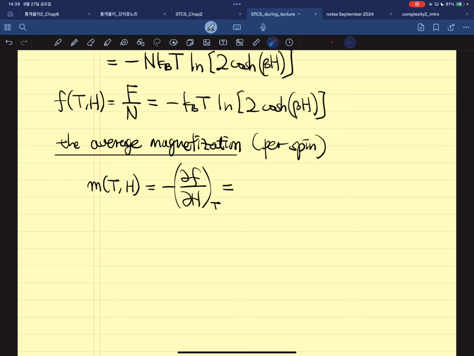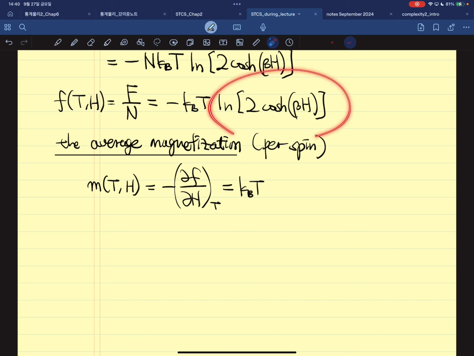So it's not that difficult. So if we take a partial derivative there, it means that we have a minus sign here, so we can just put this plus sign.